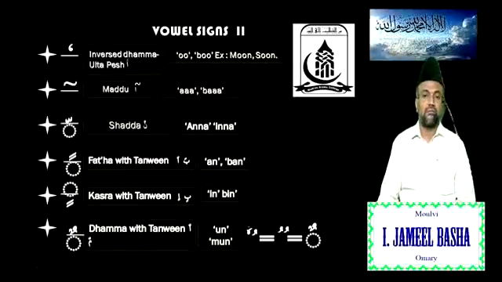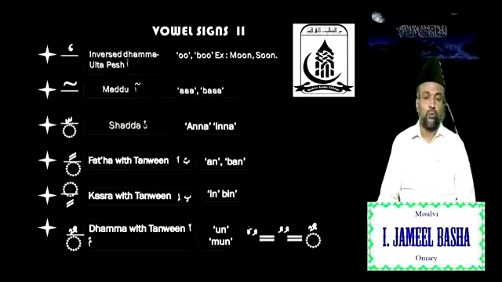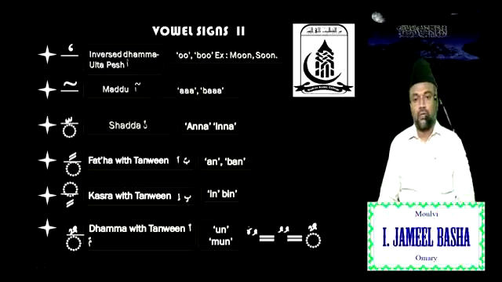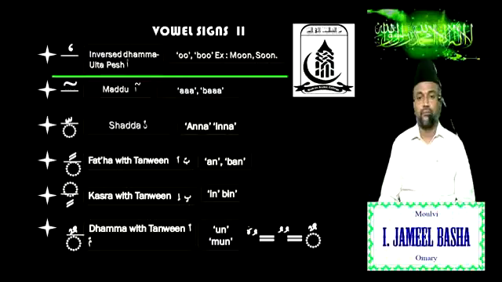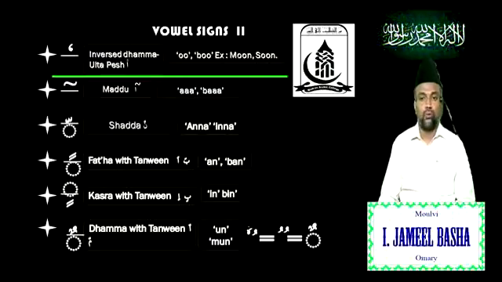That is, if this symbol is placed on ba, it will become boo. If it is placed on waw, it will become woo. If it is placed on dal, it will become doo. If it is simple dhamma, it is u. If it is inverted dhamma, it is oo. Boo, too, like that.